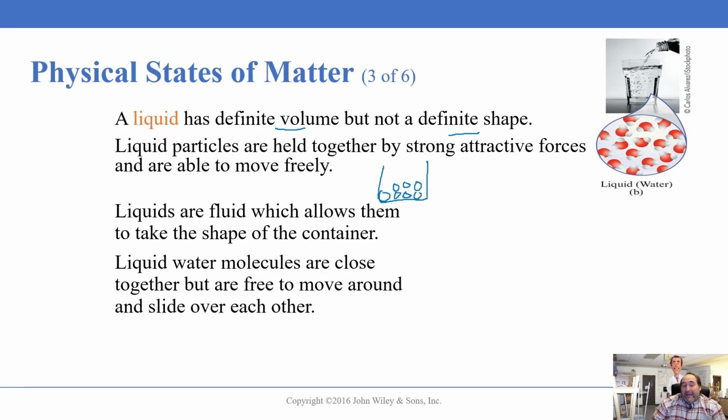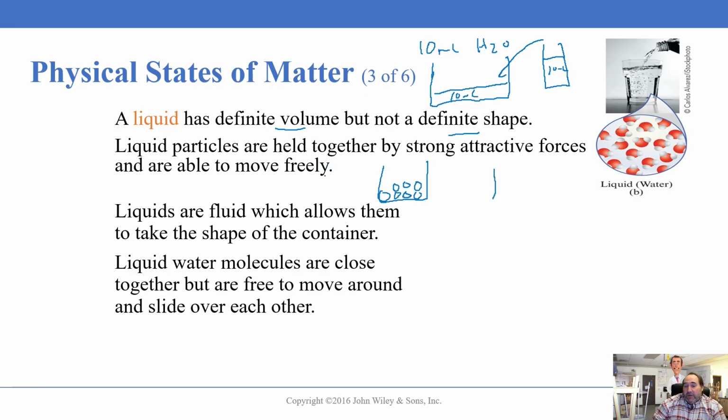So what does it mean it has a definite volume but not a definite shape? Let's just say we had 10 milliliters of water in a test tube, for example. And if I took that 10 milliliters of water in that test tube and I poured it into a really big, wide trash can, I would then have 10 milliliters of water that has taken the shape of my trash can.